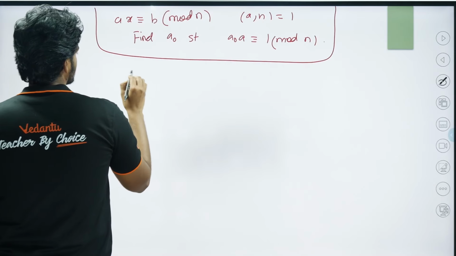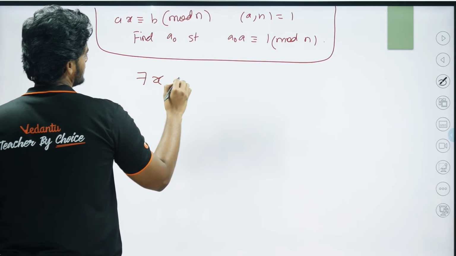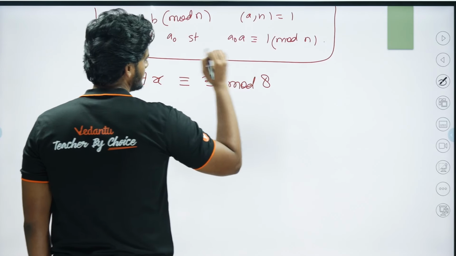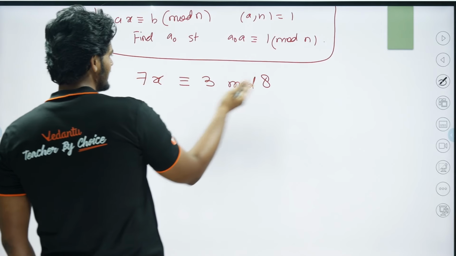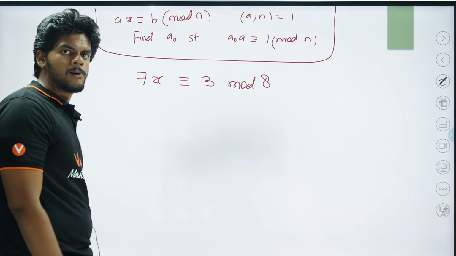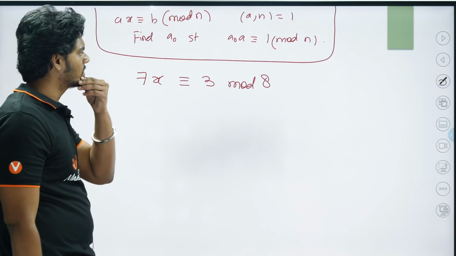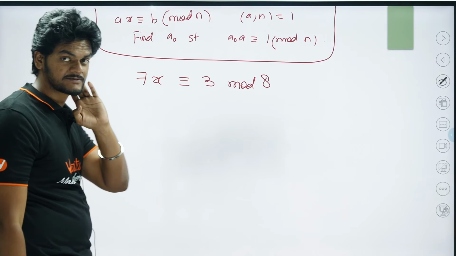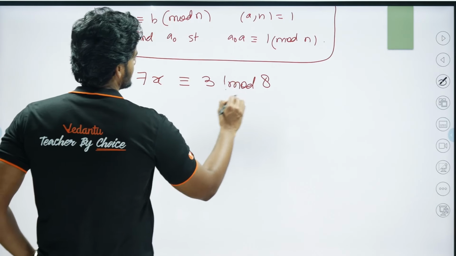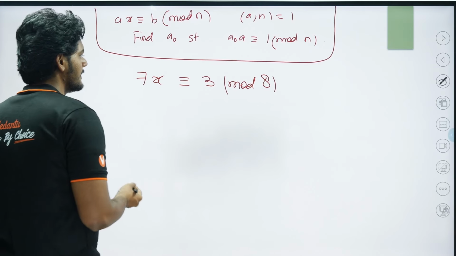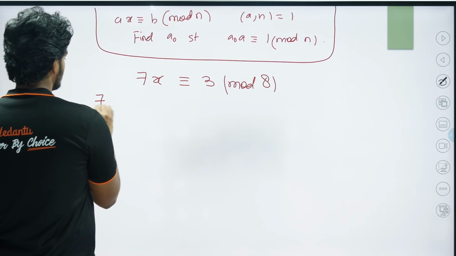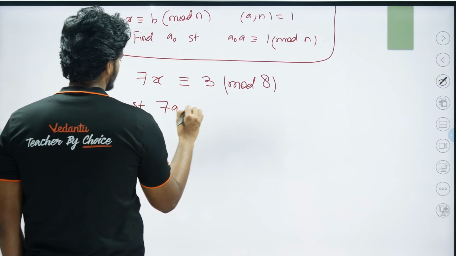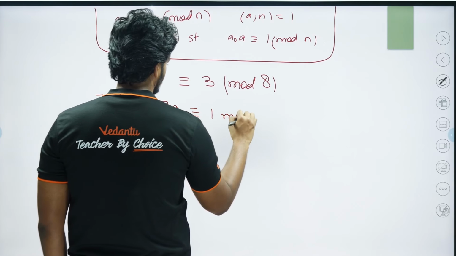So I will again solve for 7x congruent to 3 mod 8. Now 7 and 8 is definitely coprime. Here 7 itself is minus 1 mod 8, so it's fine. So I want to solve for this. There must exist a naught such that 7 a naught is 1 mod 8.